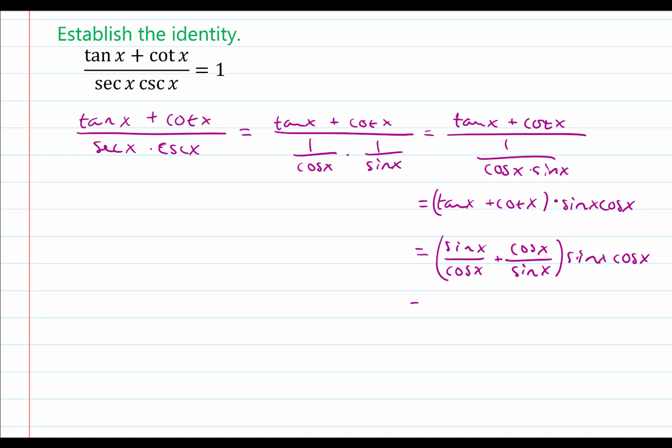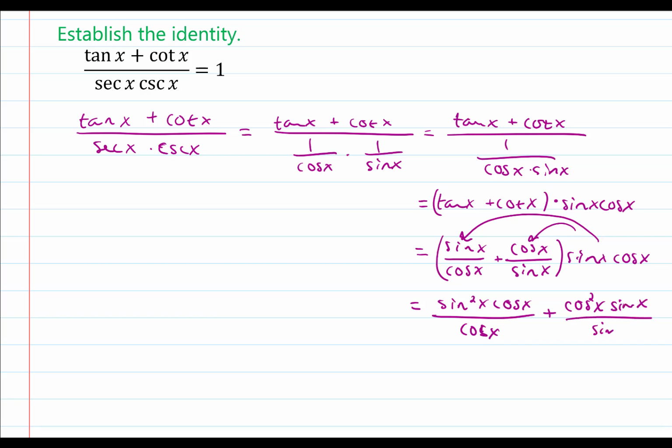Now I'm going to apply the distributive property and multiply this expression to both the terms inside the parentheses. And so what I get is sine squared of x times cosine of x over cosine of x plus cosine squared of x times sine of x over sine of x.